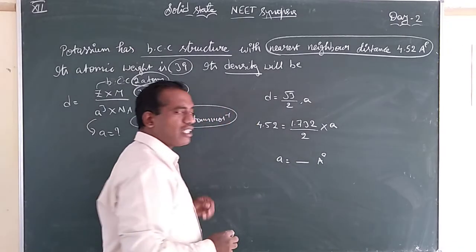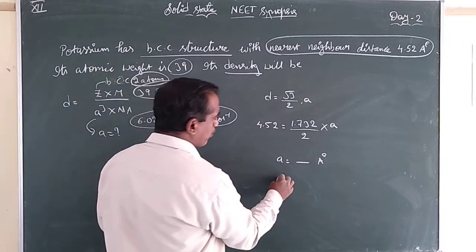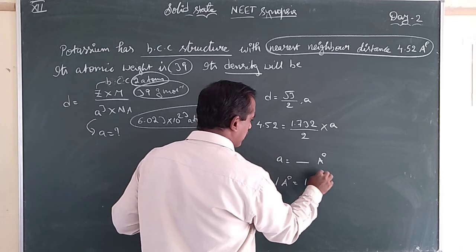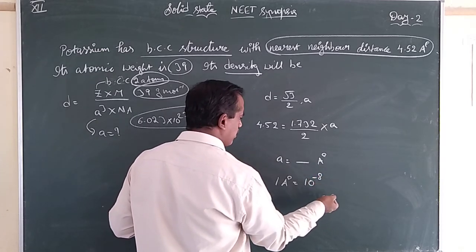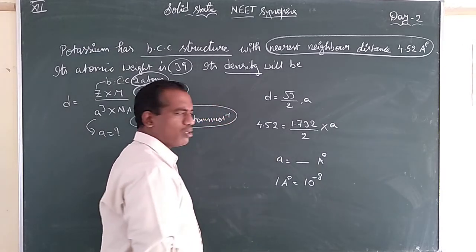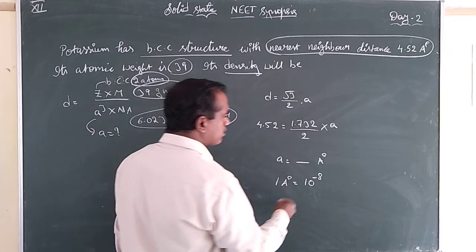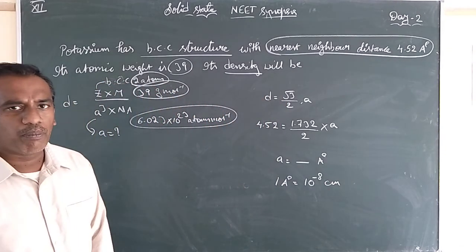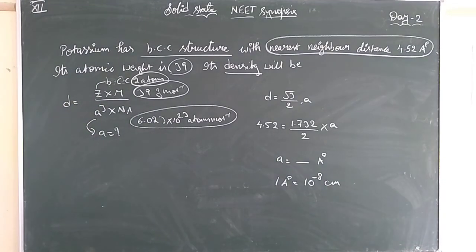You must convert this angstrom, don't forget, 1 angstrom is equal to 10 to the power of minus 8 centimeters. You can directly convert into centimeters. Anyhow, you need to convert the edge length from angstrom using 10 to the power of minus 8 centimeters, and you can directly apply that into the cube form. These types of problems are very important. You solve and you send me. Thank you.